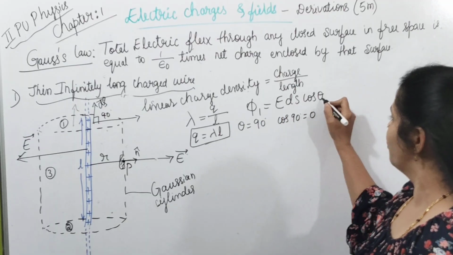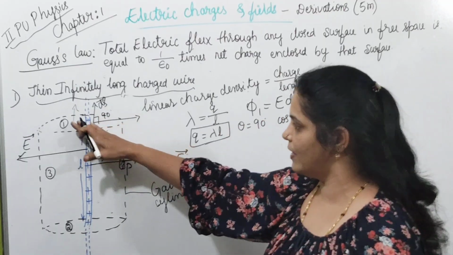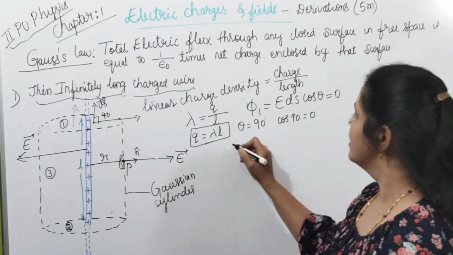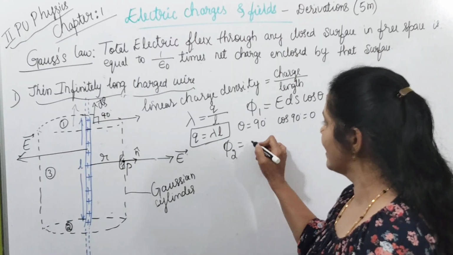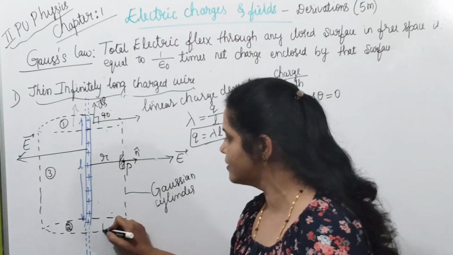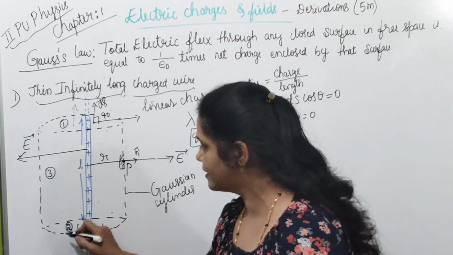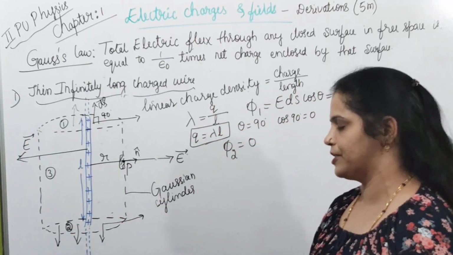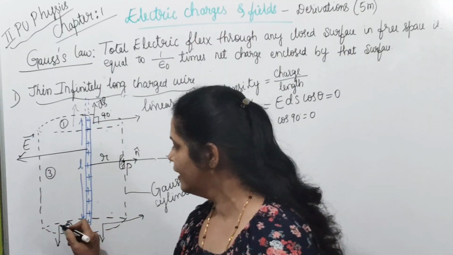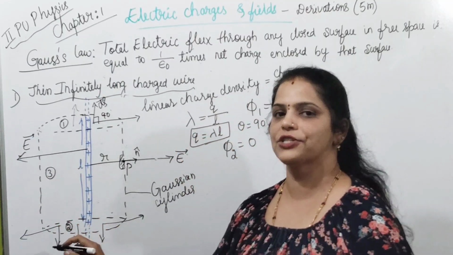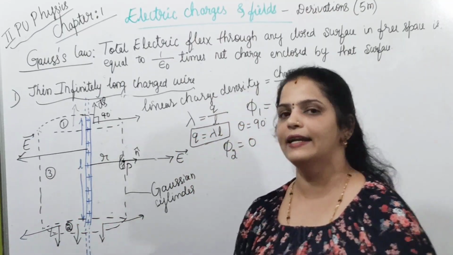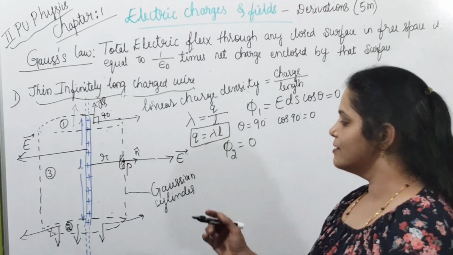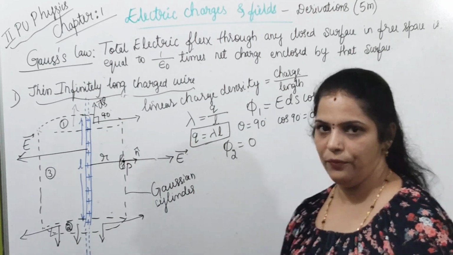Cos 90 is 0, which means the flux through the first surface is 0. Similarly, the flux through the second surface is also 0, because the area is downward and the electric field makes an angle of 90 degrees with the area.